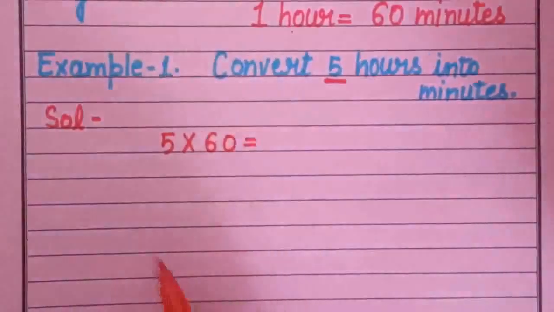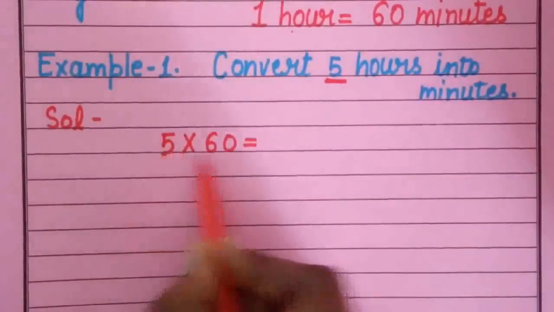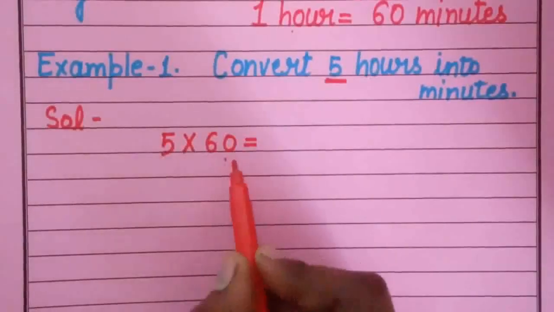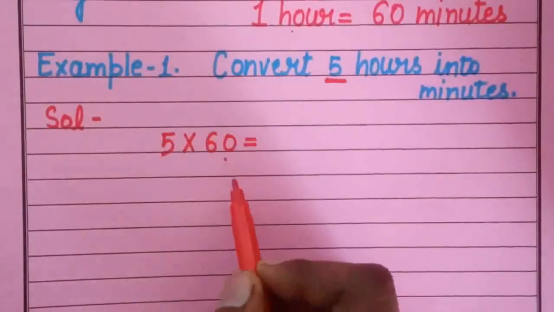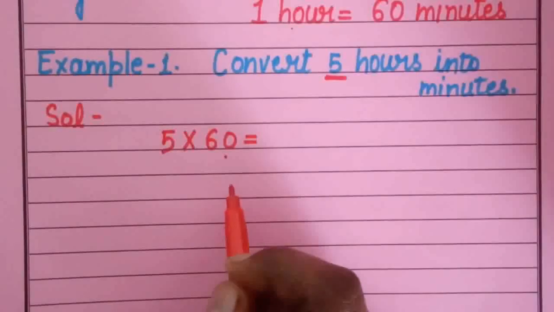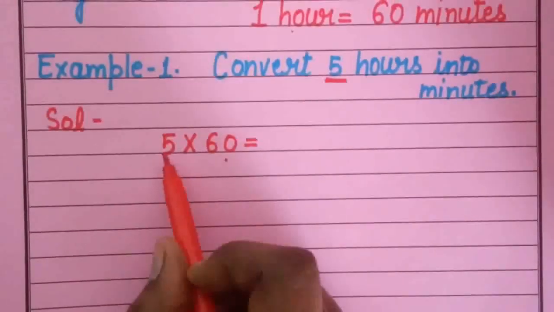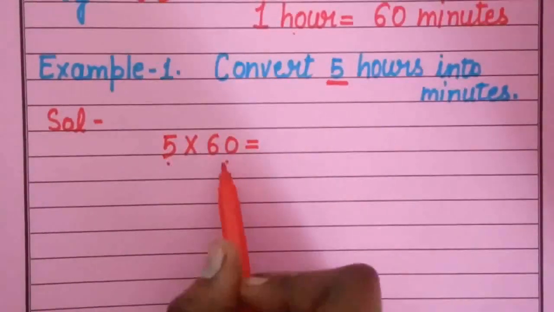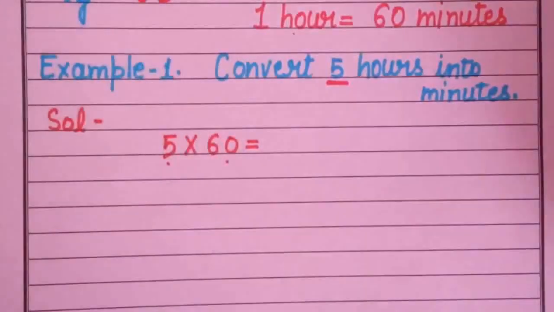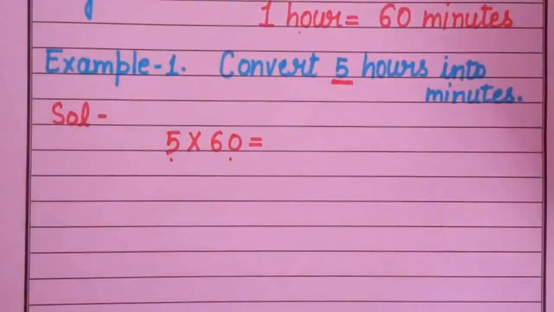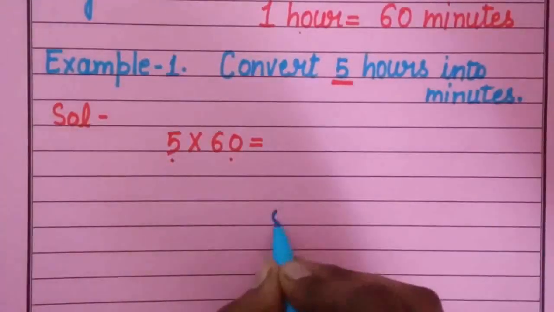As I have told you, multiply the number of hours by 60. Here the number of hours is 5 and we multiply it by 60. So let's do the multiplication. Here write ones and tens.